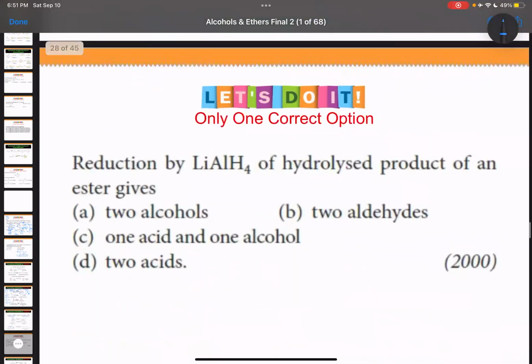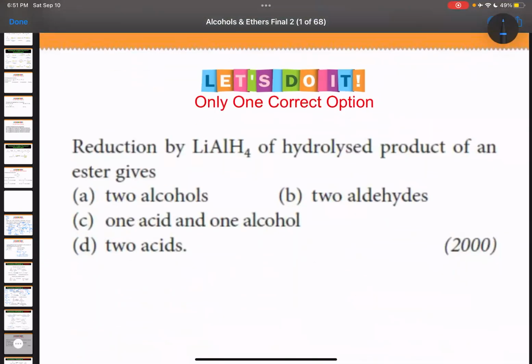Okay, so this is a question from the NEET 2000 paper. What is going to be the answer to this one? Yeah, Memuna.